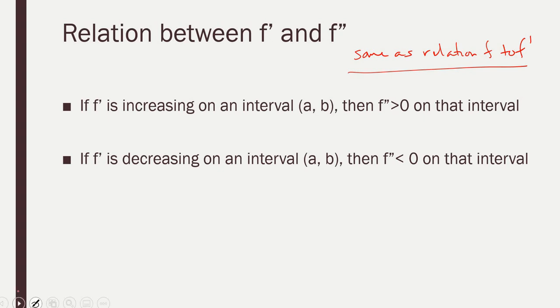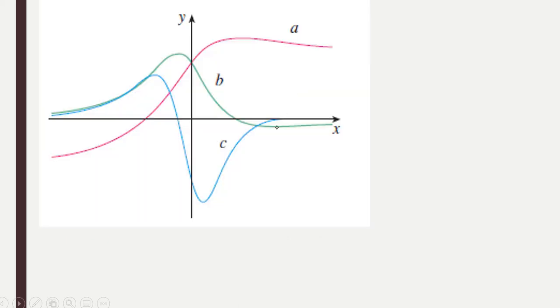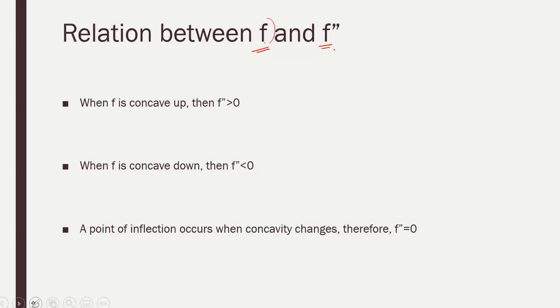But then we want to look at the relationship between f and f double prime. And in this case, we're going to start talking about concavity. So looking at the original function and the second derivative. When f is concave up, it means that it is curving in this direction.